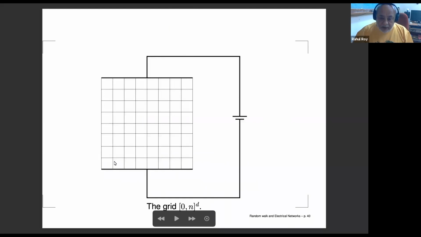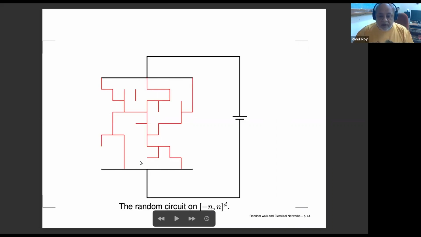So I have joined the top and the bottom of this grid with a battery source, and each edge here, I've either put in a resistor or I've just removed the edge. So for example, here, this one edge, I have put a resistor here, and I've removed this here, etc. Another edge, I'm putting the resistor here, and finally we'll get something like this.